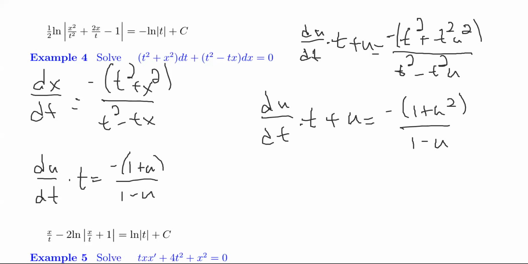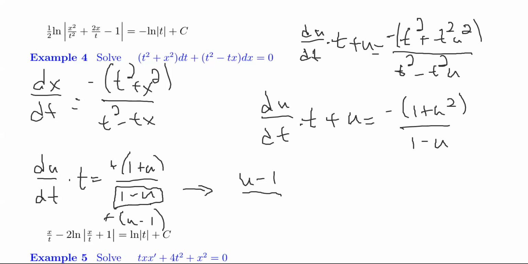Now we need to separate our variables, and we end up with u minus 1. I just factored out a negative 1 here, right? So this denominator is the same as negative times u minus 1. So then those negatives cancel.